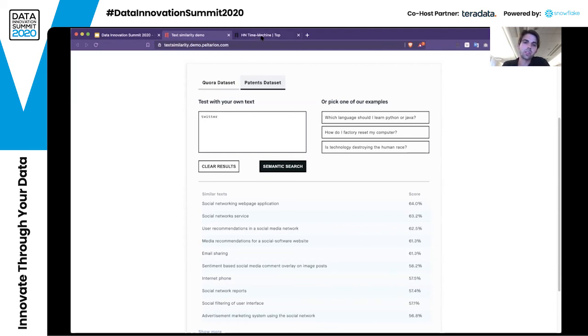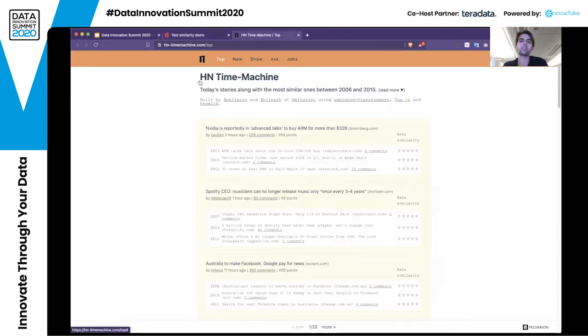Another demo I built with a colleague at Peltarion was also basically to learn more about how the similarity search works, or how it performs in the wild, so to say. For those of you who are aware of Hacker News, this is the Hacker News news feed.